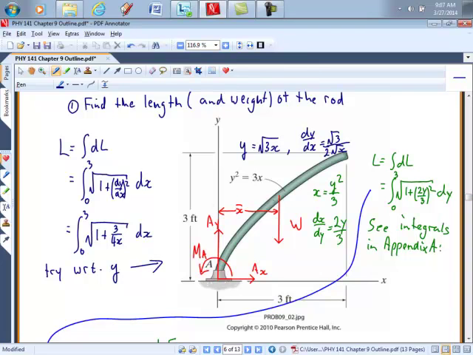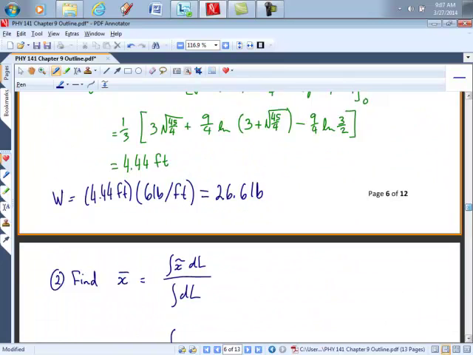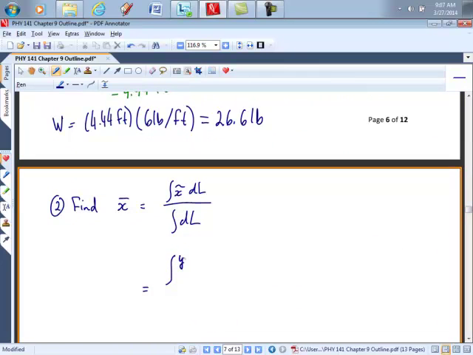So at each of our dy's, the x tilde is going to be y squared over 3. Y squared over 3, and then our dl is the same as it was before. I'll put it in the simplified form, 2/3 root y squared plus 3 over 2 squared dy over, well, we know it's 4.44 feet.